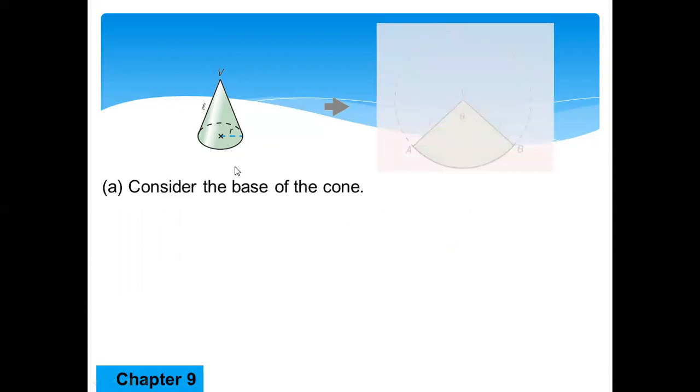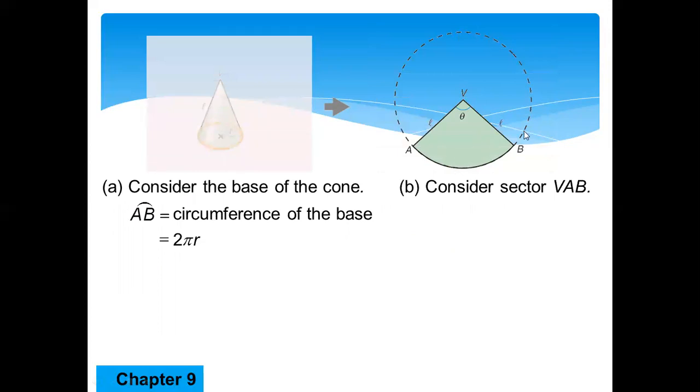And now consider the cone. Its circumference by formula is 2 pi r, and the sector, the arc AB, as learned in Form 2, the arc length.